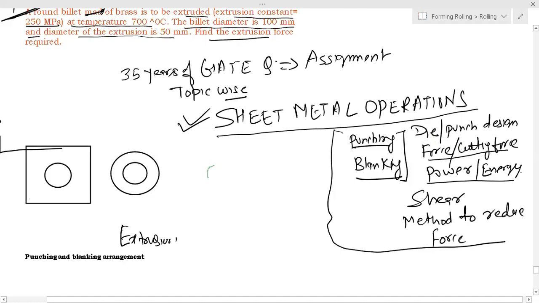Then energy, how much energy will be consumed. Then one is called shear, that is a method to reduce force, because you have a limited capacity press machine. Energy and power we cannot reduce, but force we can reduce, and we'll understand that.